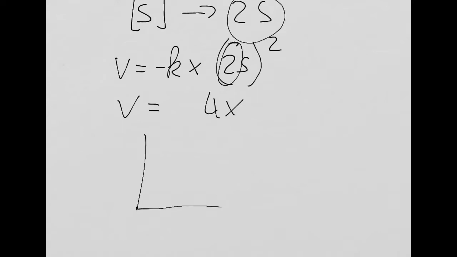And it would look like V versus S. If I plot that, it would look like a quadratic function. Yeah? If it was a third order reaction, and if I double S, it would be factor 8, 2 to the power of 3.